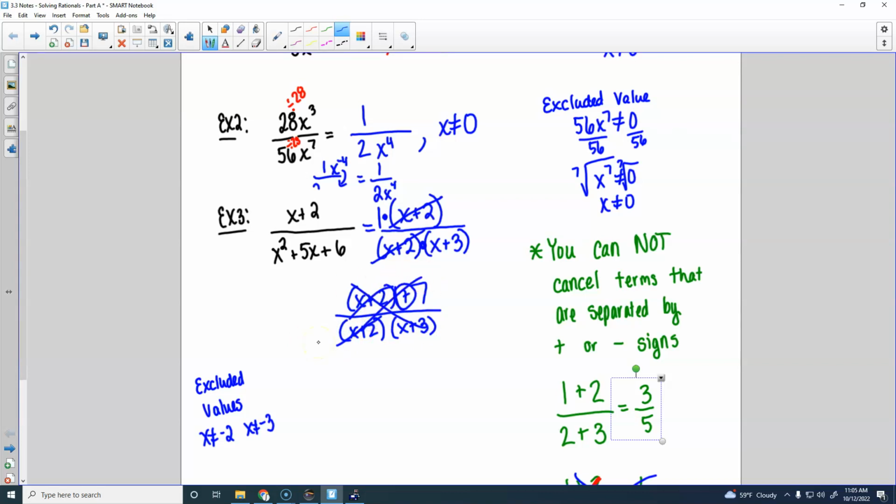That would be wrong if I had that. But as long as everything is multiplied, I can cancel these terms. You guys see the difference there? So we're going to factor, we're going to cancel. We are going to get 1 over X plus 3, but we are going to say that X cannot equal -2 or -3.